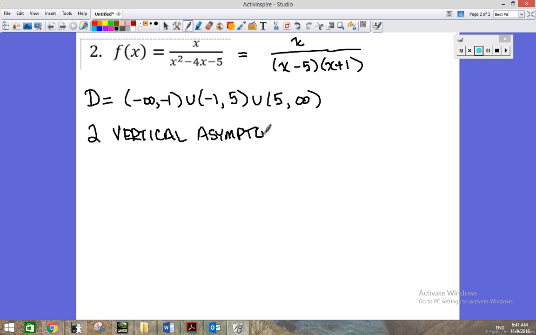But we have two vertical asymptotes. We have the line x equals negative 1 and the line, they're vertical lines, and the line x equals 5. There are no holes in the graph.